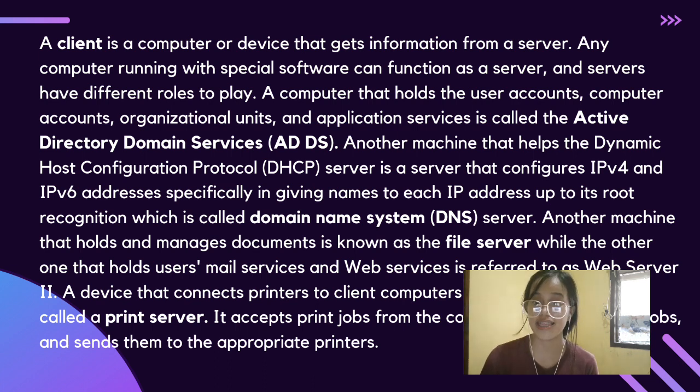Another machine is the Dynamic Host Configuration Protocol, or DHCP, server, which configures IPv4 and IPv6 addresses. It works by maintaining a pool of IP addresses that can be assigned to devices on the network.